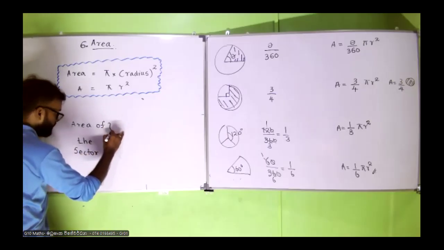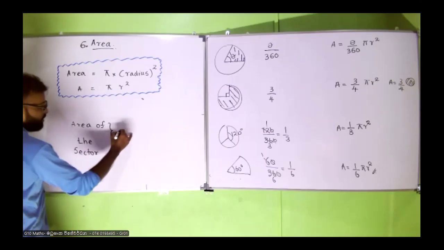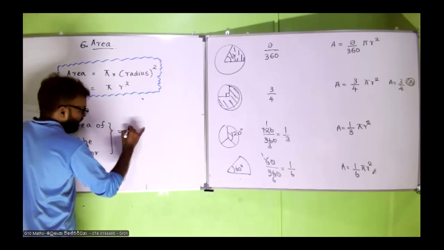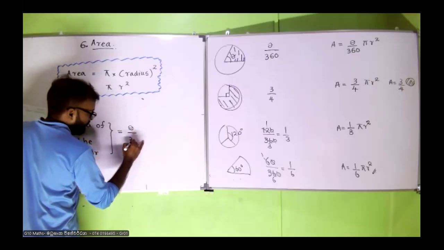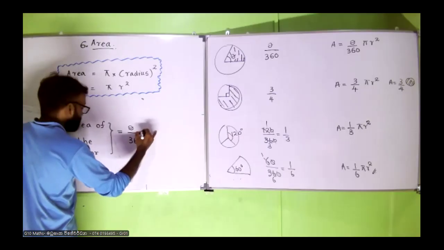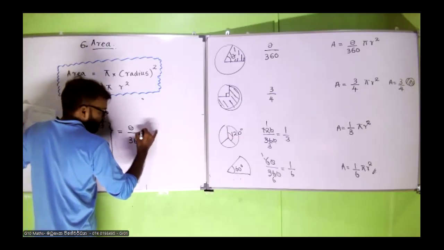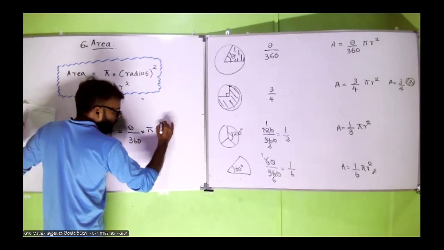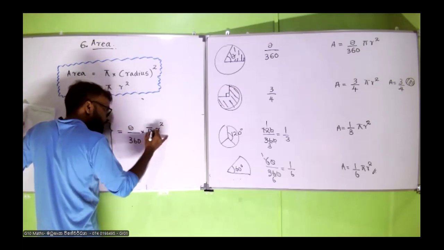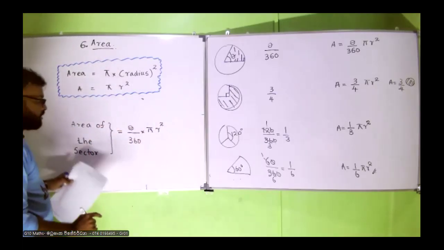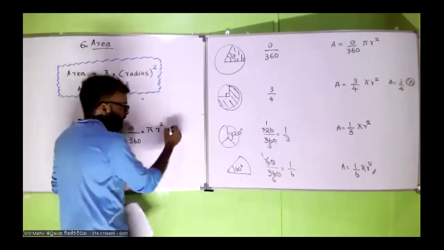Area of the sector equals theta divided by 360, this is my portion of the circle, multiplied by πr squared. The area of the full circle into the portion will give you the area of the sector.